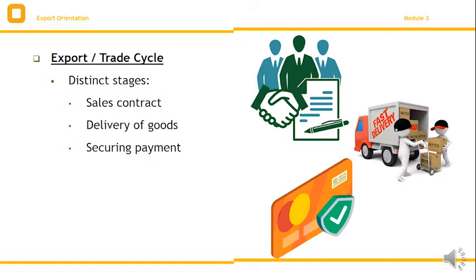Under the sales contract, before the contract is signed, the importer and the exporter will negotiate the terms of the contract, the requirements, the details of the goods, the transportation that is required, and all other information that may be necessary for both parties.